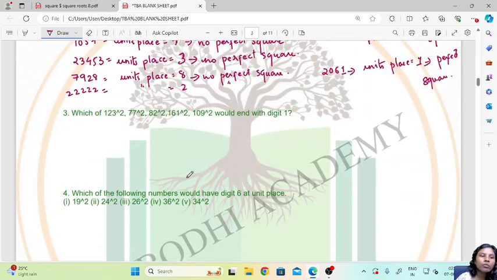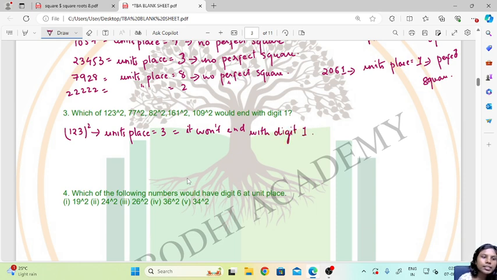So we have to look out for numbers with 1 or 9. So 123 squared, units place we have 3. So therefore it won't end with 1.